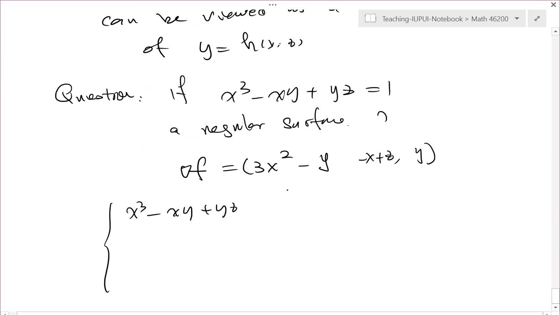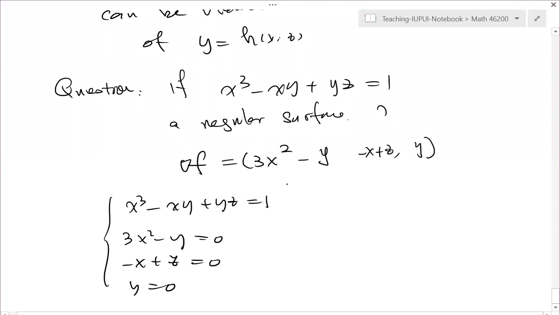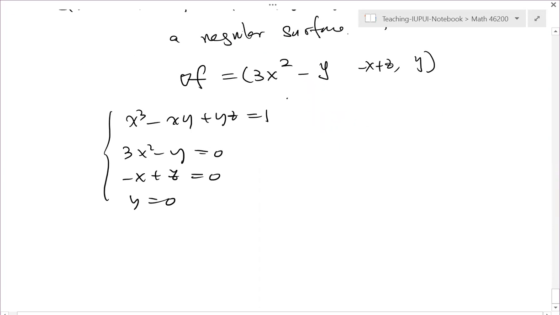Can we find a point where they're all equal to 0? If not, that means if a point is on the surface, then one of the other three equations does not hold. So singular point.